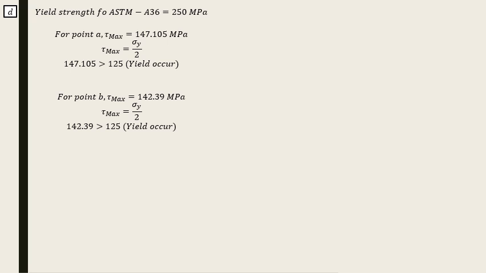Then for part D, determine whether the yield will occur or not if the material that will be used is ASTM A36. From the data that I got, sigma y for this is 250 megapascal.